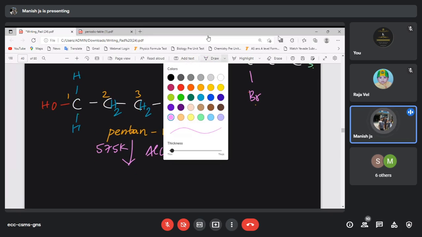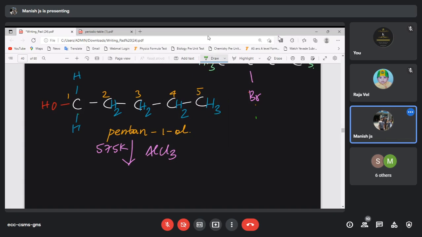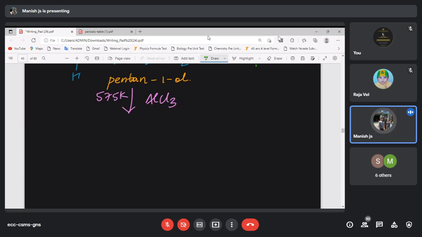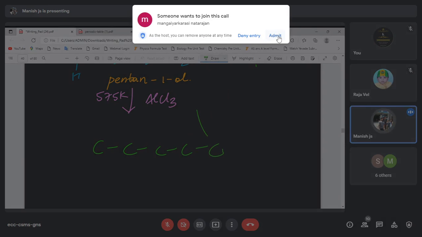You will get a 2-degree alcohol, right? So what will be the 2-degree alcohol in this case? Can you tell me what will be the 2-degree alcohol? You put 5 carbon atoms. So what is the possibility of having a 2-degree alcohol?